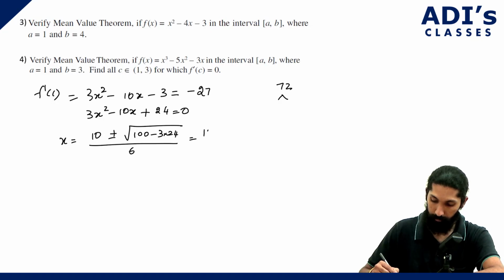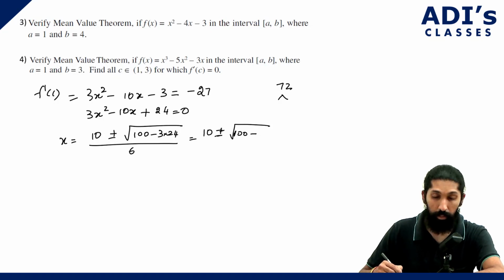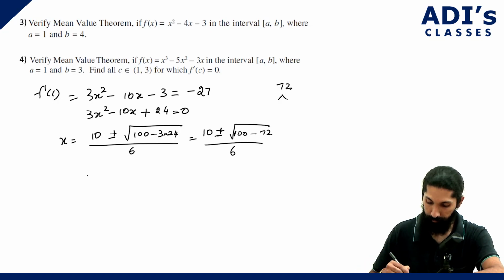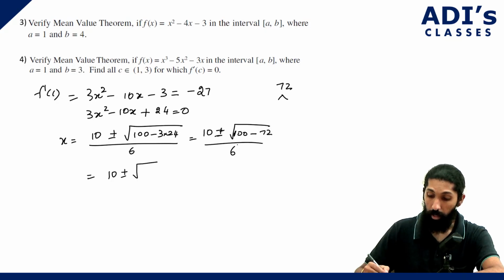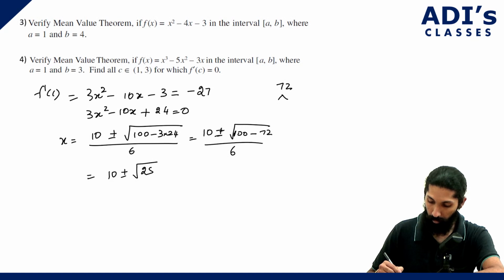Correct? 10 plus or minus root of 100 minus 24 times 3. 24 times 3 is 72, divided by 6. 10 plus or minus root of 100 minus 72, which is going to give us 28 divided by 6, or 10 plus or minus 2 root 7 by 6.